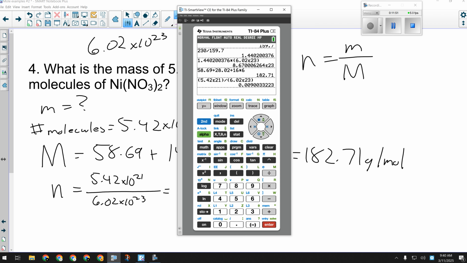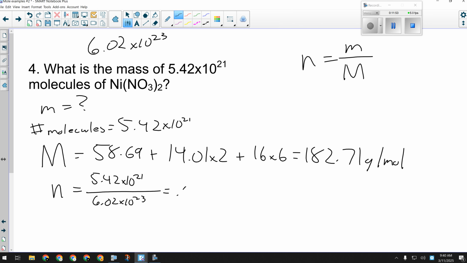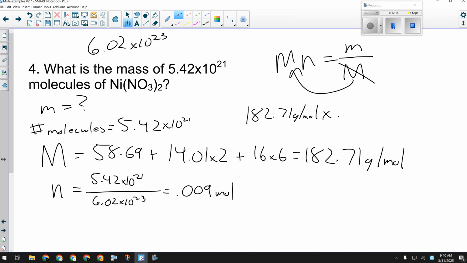I'm just going to write that down, 0.009 moles. Now I've got the number of moles and I've got big M. I should be able to get little m by simply multiplying both sides by big M. So I'll take my 182.71 grams per mole and multiply it by 0.009 moles. The moles will cancel and I'll be left with grams.